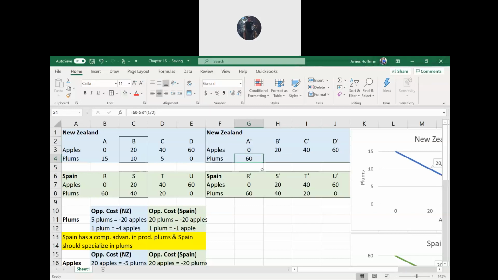Where am I supposed to write this? We have 60 apples.